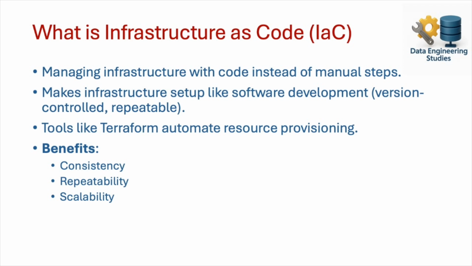Tools like Terraform automate resource provisioning, making deployment faster and reducing human errors. The key benefits of IaC include consistency across environment, repeatability of deployments, and scalability to meet growing business needs.